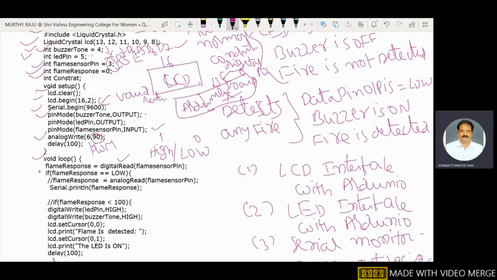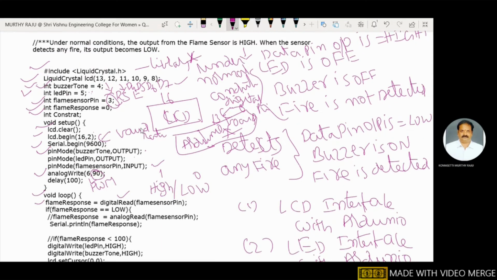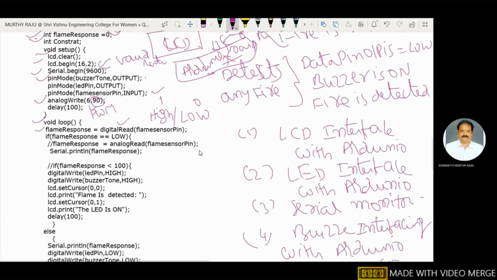Here my definition is flame response. Initially, the flame response is 0. Integer is declared here. If flame response is low, it means fire is detected.